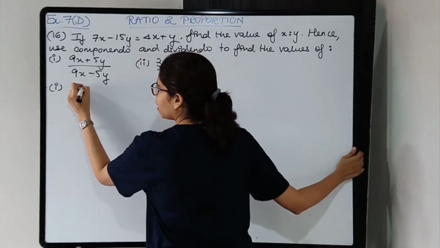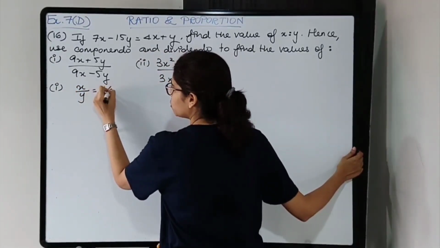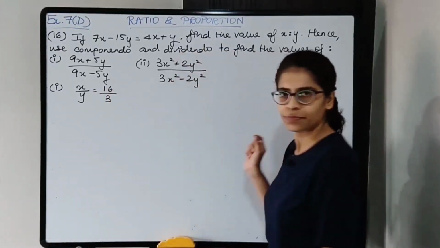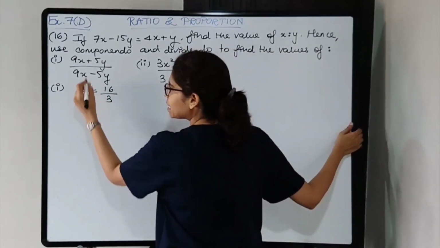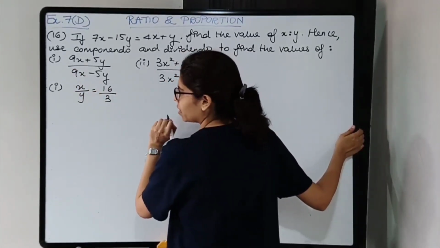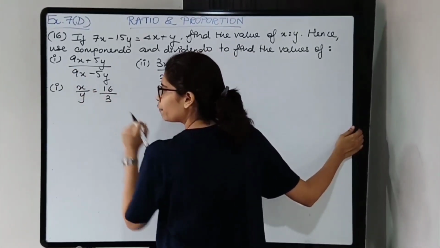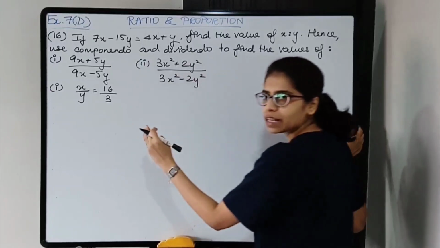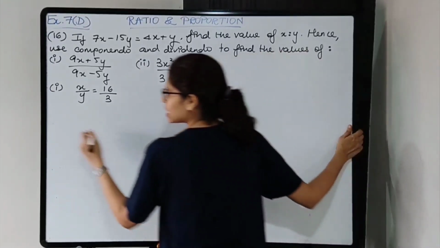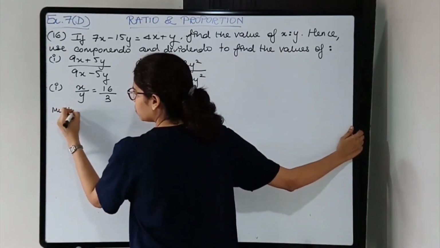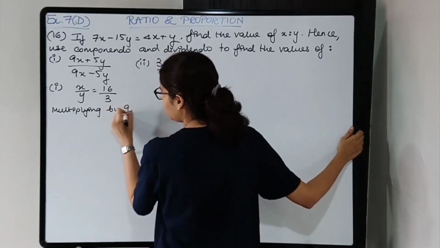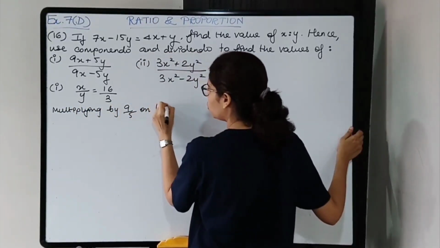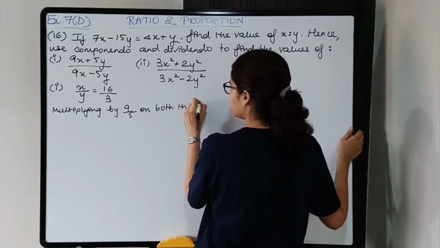So we have x upon y equal to 16 upon 3. This is what we got. Now with x we need 9, with y we need 5. So I need to multiply by 9 upon 5. So we'll multiply by 9/5 on both the sides.